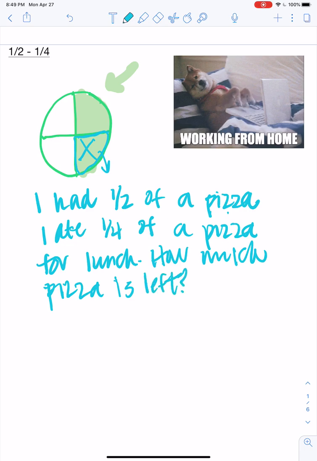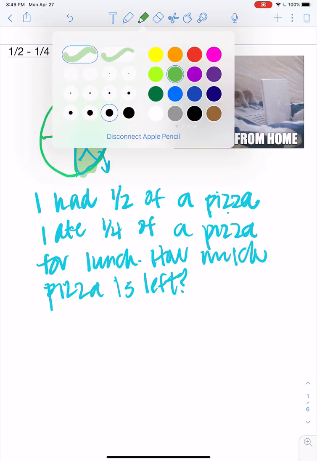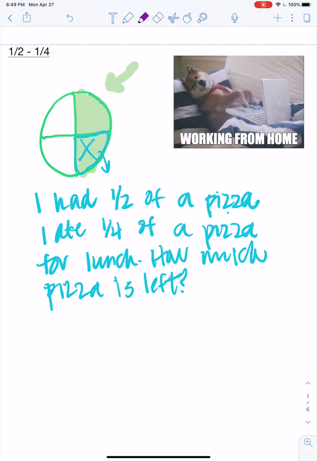Now, this might seem straightforward because a lot of people in class had great visual representations. But what I want to highlight for us is this idea of our unit. I had 1/2 of a pizza and I ate 1/4 of a pizza. This is my referent unit here. And you'll notice that this unit is the same here as it is here. In both cases, I'm referencing the whole.